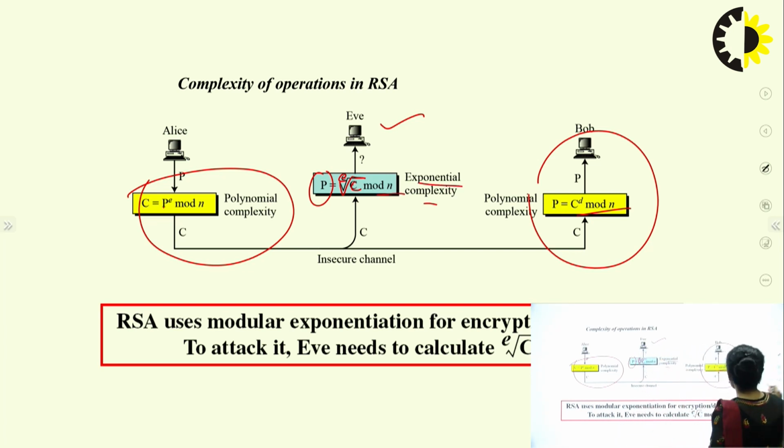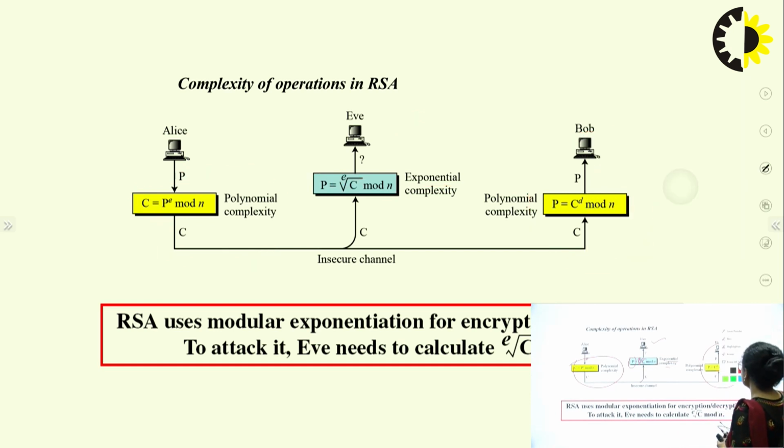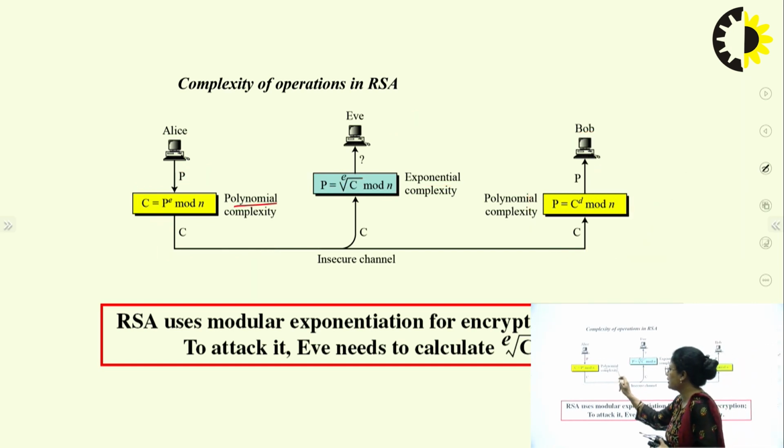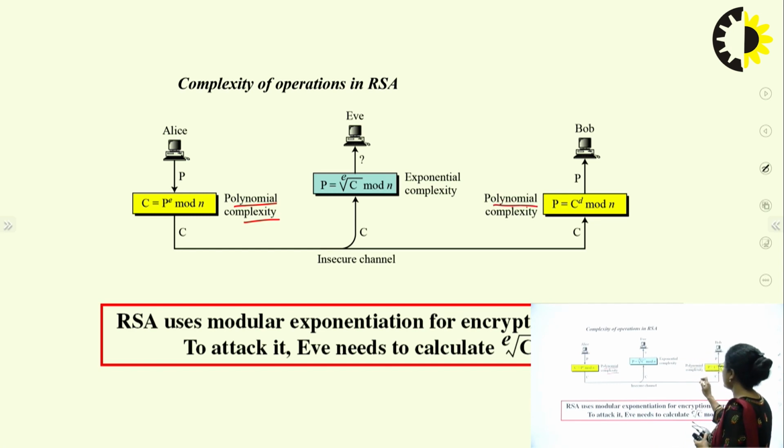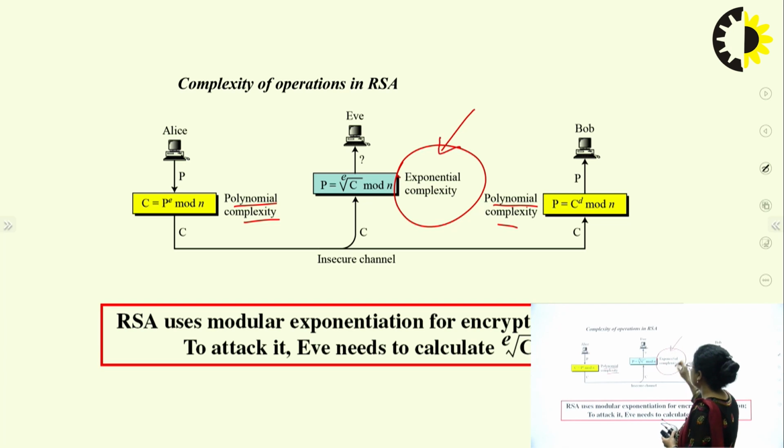So we can summarize by saying that the encryption and decryption have polynomial complexity, but for the attacker to hack this message and find the plain text from the ciphertext, the complexity is exponential, and so it becomes difficult for others in the network who are not the intended recipients to decipher the message.